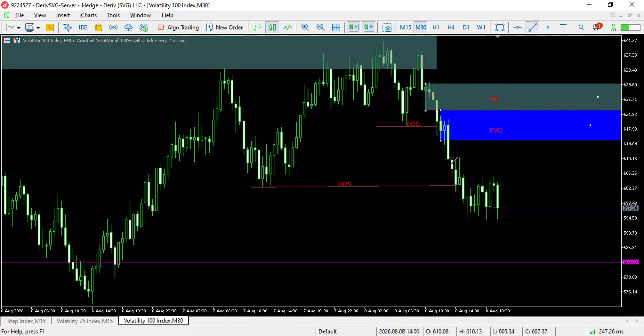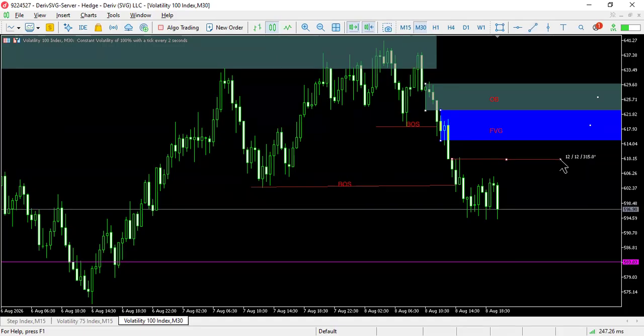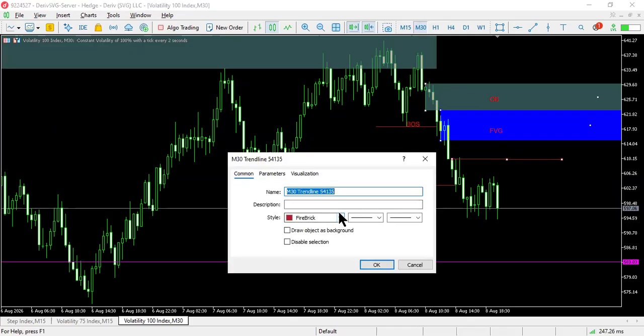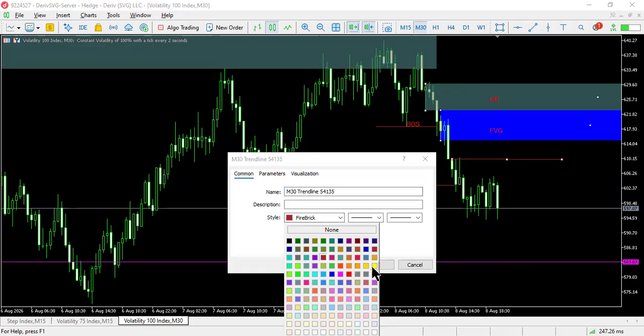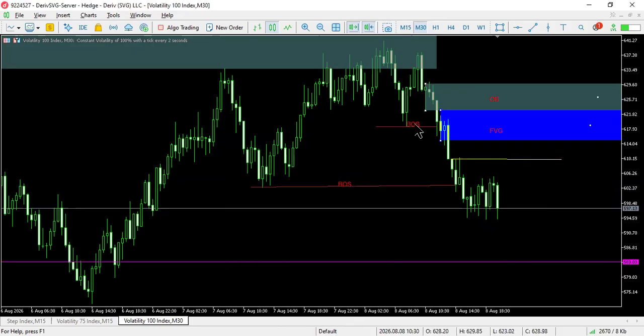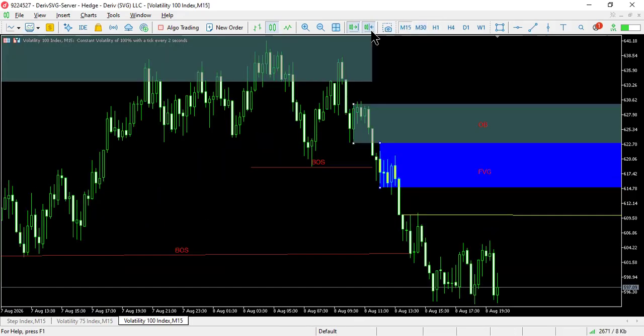And then I'm seeing these levels as liquidity or inducement levels that price has to sweep to go and tap into my FVG or order block. Heading over to my entry time frame, which is the M15.